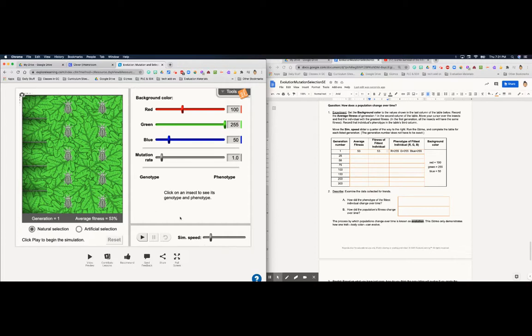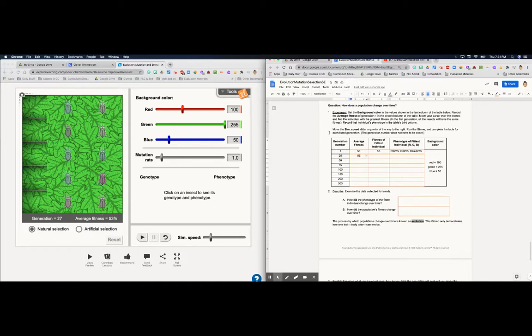So we're going to stop it at approximately generation 25. And there's generation 27. So this is still really, really fast. At generation 27, it's close enough. The average fitness hasn't changed much, has it? It's 53.